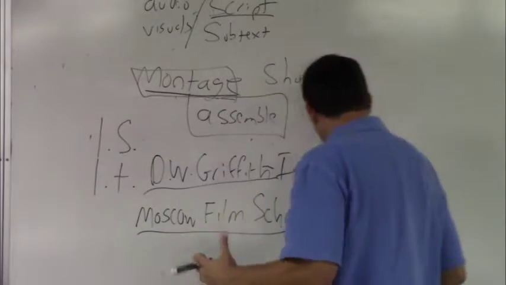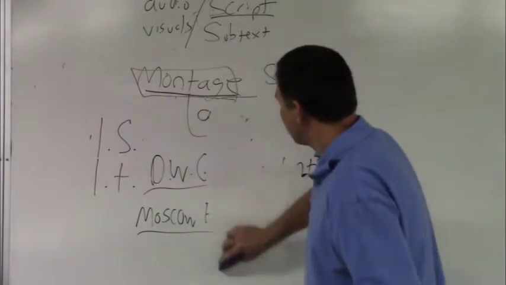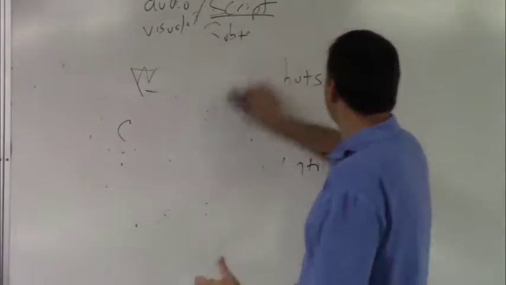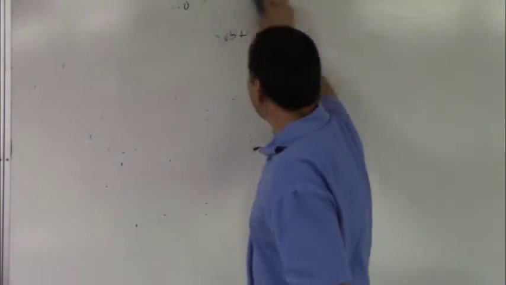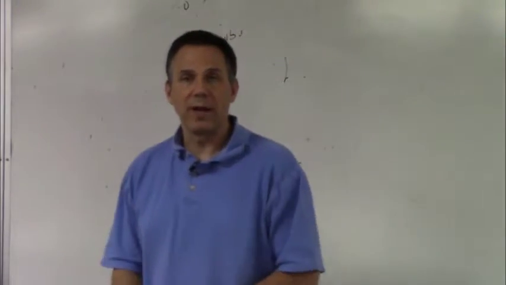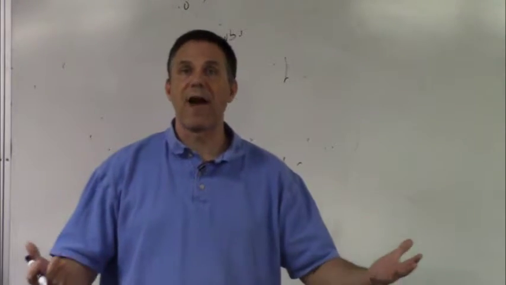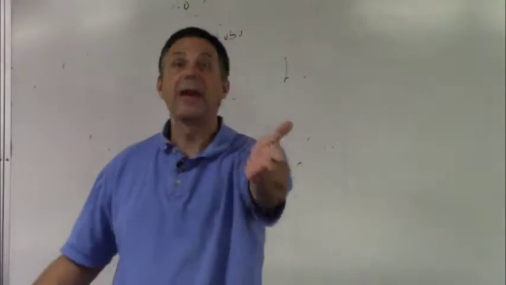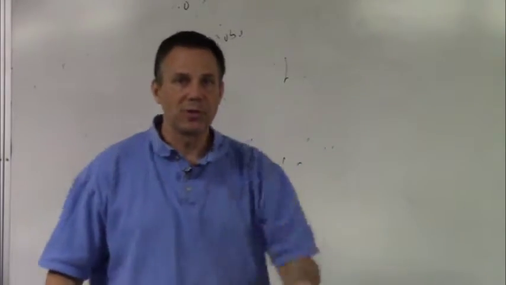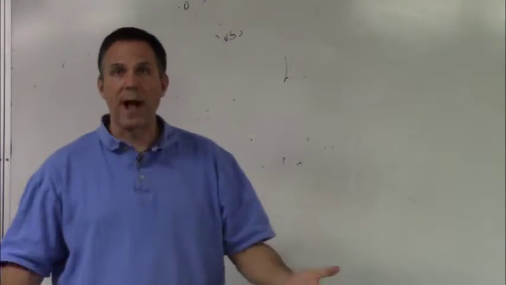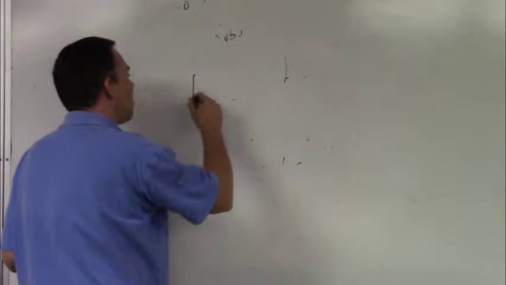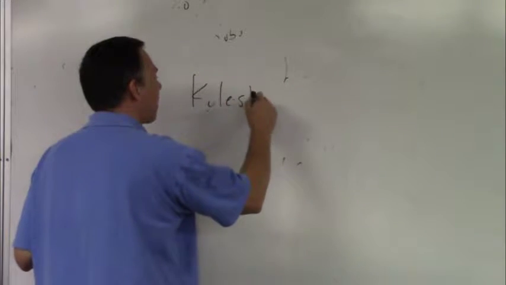Now, out of this, one of the most important things comes from a teacher named Kuleshov. Kuleshov works there, and he comes up with something that's called the Kuleshov effect, or Kuleshov experiment, and it's here in Canvas, so you can see it, and you will need to watch it so it makes good sense to you.